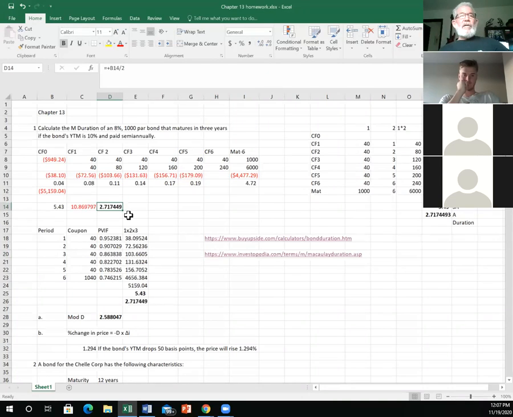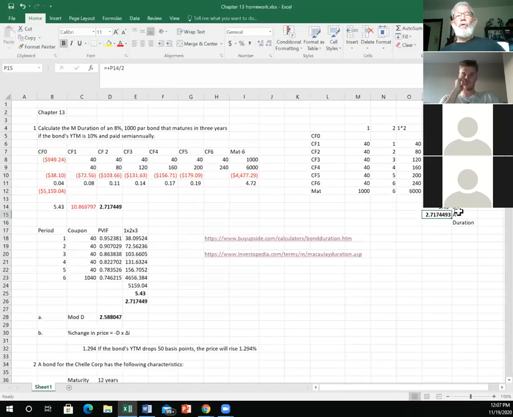And as you can tell here, I actually did it 3 different ways to make sure that I understood what was going on. So over here, I have the coupon, its place in line, multiplied those together, found the present value, added it all up, and then divide by 2 to get the annual duration.